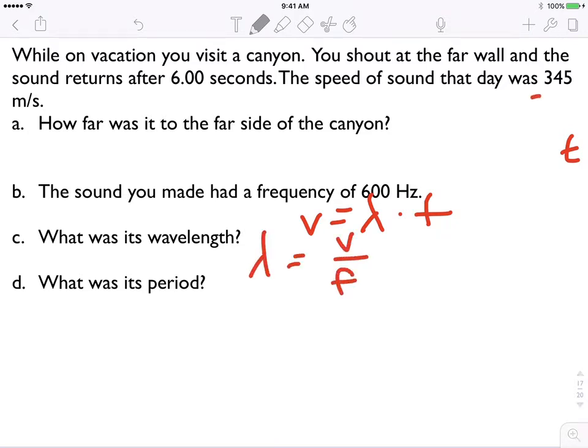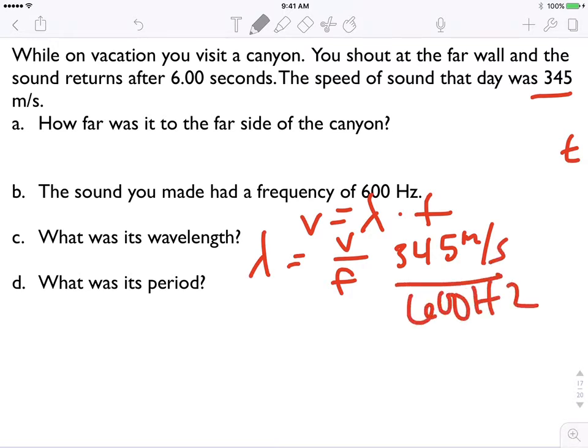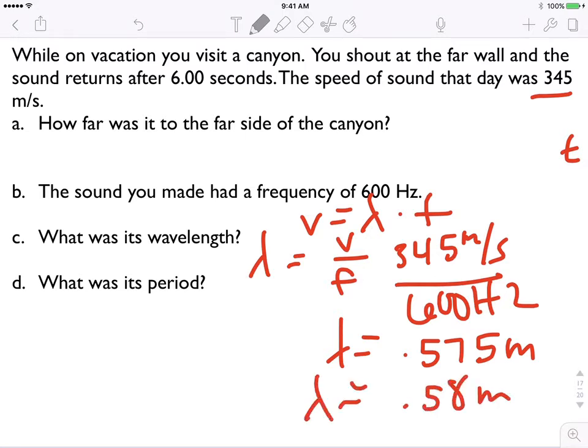We know the velocity, it's 345 meters per second, and the frequency was 600 hertz. So 345 divided by 600, and you end up with a wavelength of 0.575 meters. We could round that to 0.58 meters, but let's just leave it at 0.575.